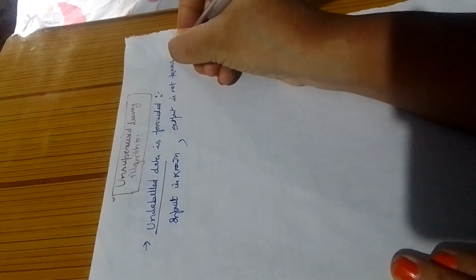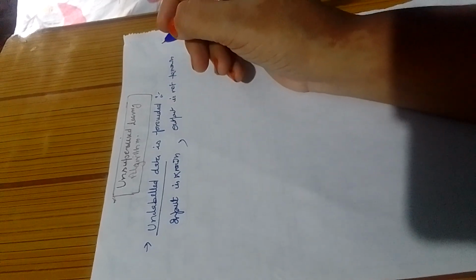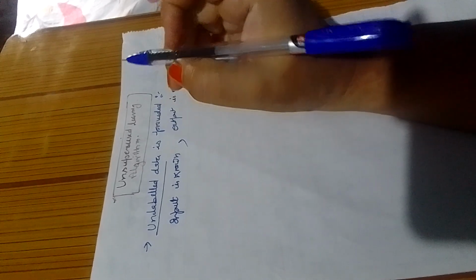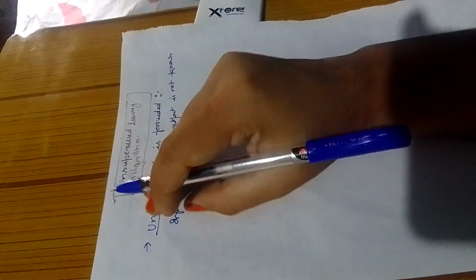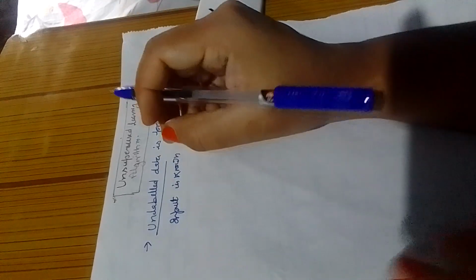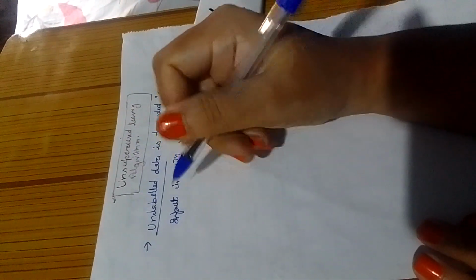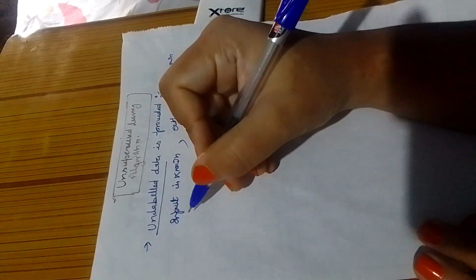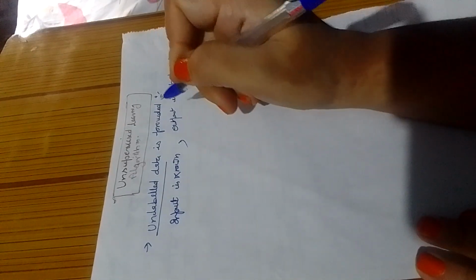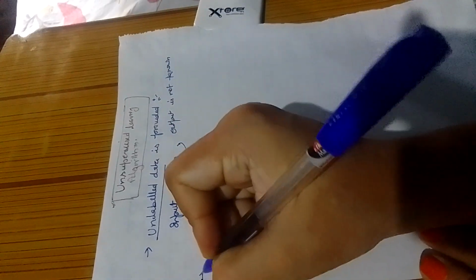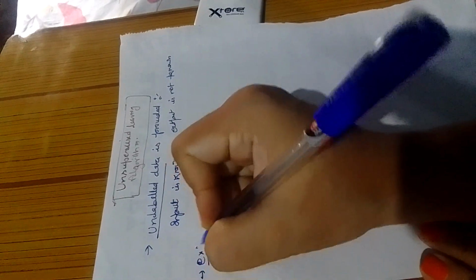Like in the previous video I gave the example 2 plus 2 equals 4: we knew the input, and we knew the output, 4, decided by the arithmetic operator. But here the input we provide is known, while the output is not known by the model.